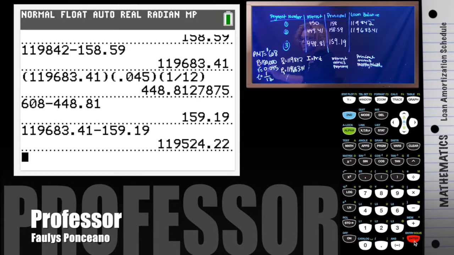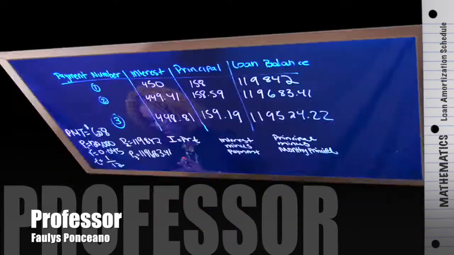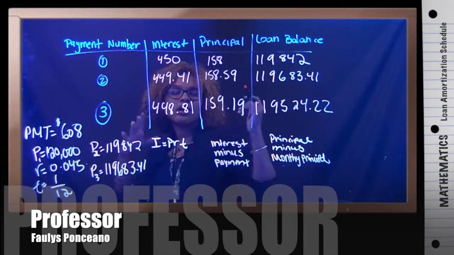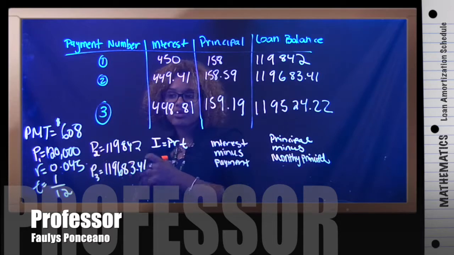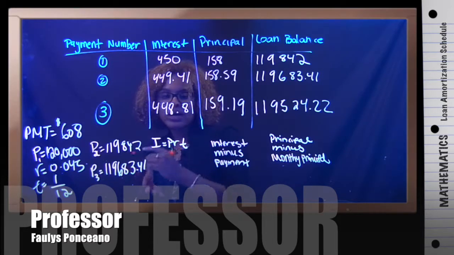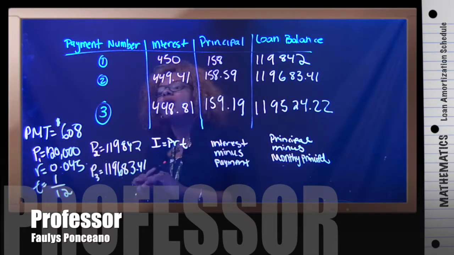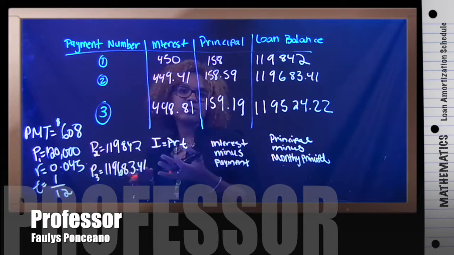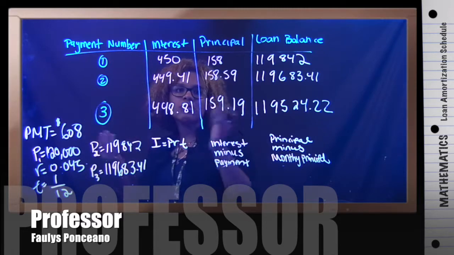Enter. I have 119,524.22. So we have done our amortization schedule for the first 3 months. We use the formula I equals PRT. And those are your answers. You found the payment, the interest over the 30-year period, and the amortization schedule.